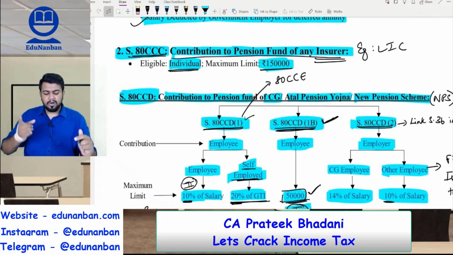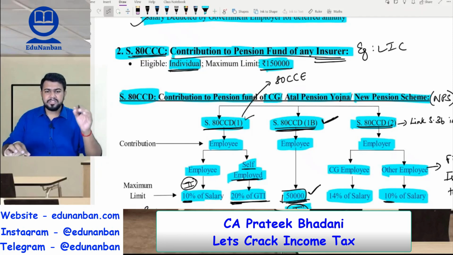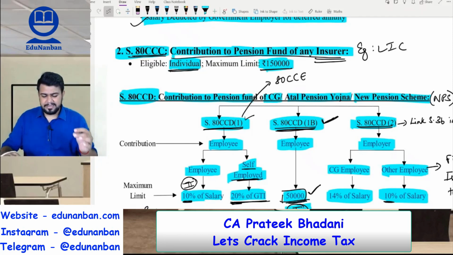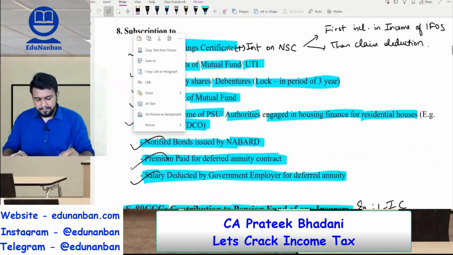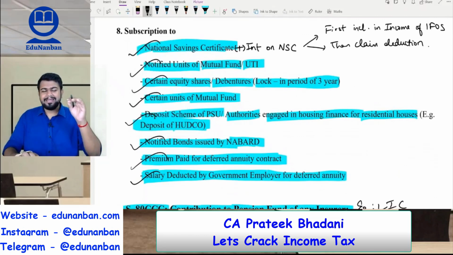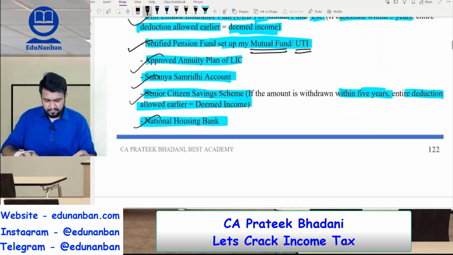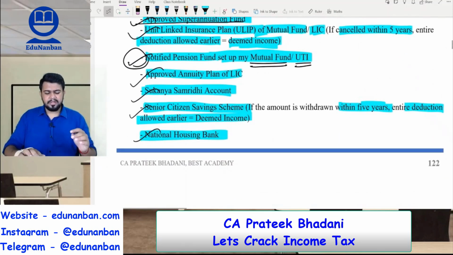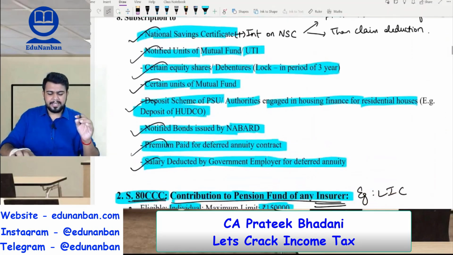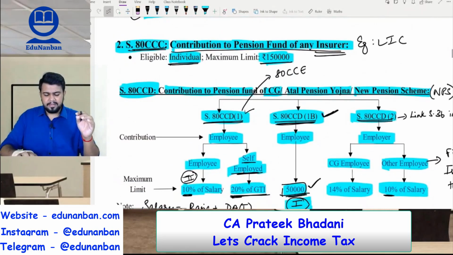Remember carefully, contribution to pension fund of insurer is coming in 80CCC. Contribution to notified pension fund of mutual fund or UTI comes under 80C, and pension fund of any insurer comes under section 80CCC. Here also the limit is 1,50,000.